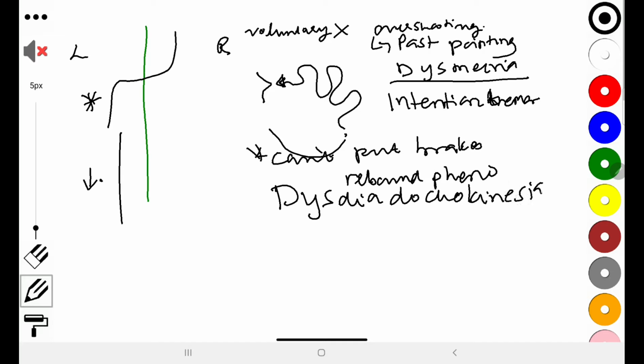All right. Maybe just one more abnormality. Motor abnormalities associated with the cerebellum vary depending on the region.